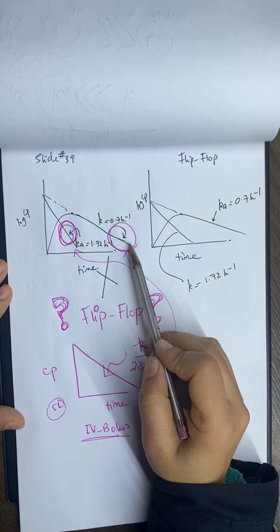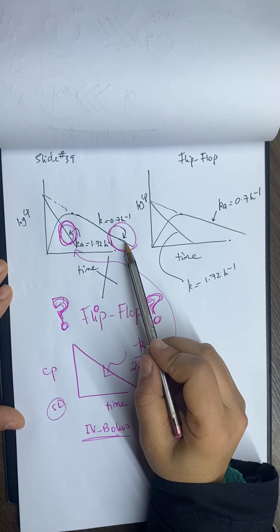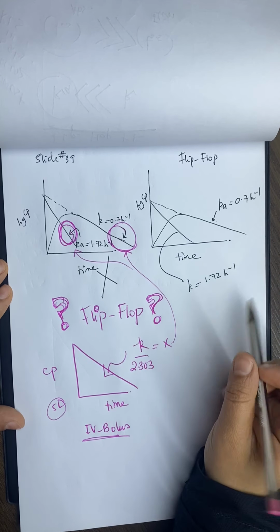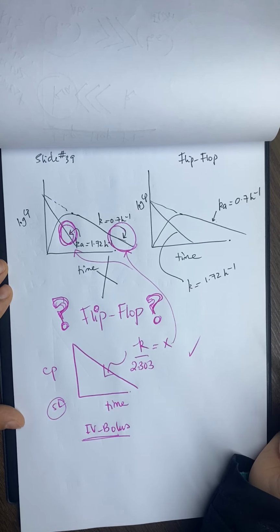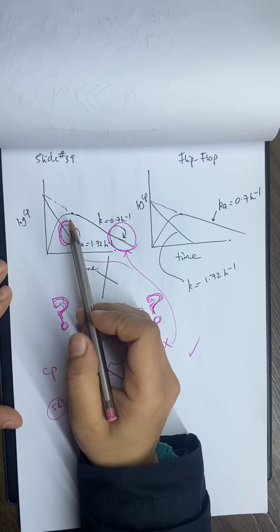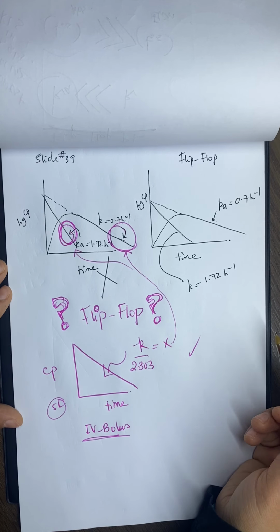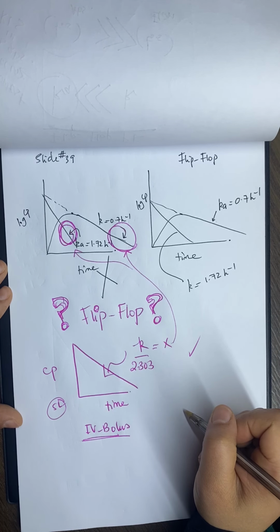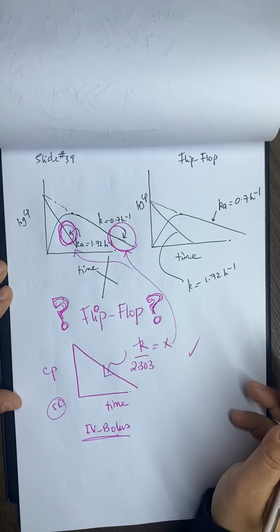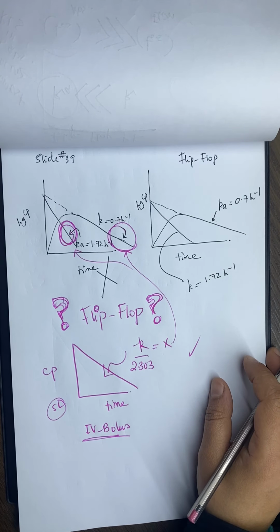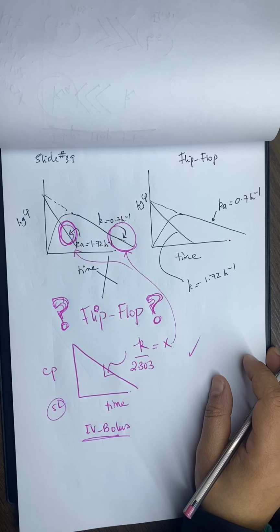If it's equal, the slope of the terminal phase, which is, let's say, 0.7 here, it means that it's the common case and the terminal phase is the elimination. But if it was not equal to this and it was equal to that, then it's the flip-flop and the elimination is faster than the absorption. Okay, this is one way, or two ways, to determine if you are having flip-flop kinetics or not.